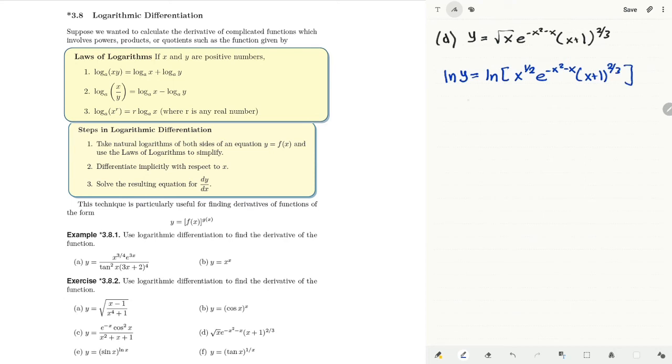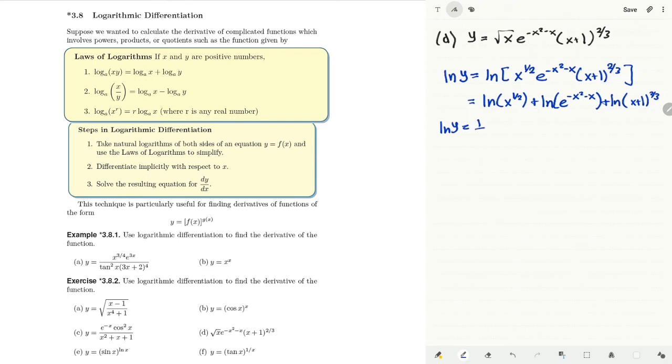So now let's simplify by writing this as the ln of x to the 1/2 plus the ln of e to the negative x squared minus x plus the ln of x plus 1 to the 2/3. And so now let's multiply the exponents in front of the logarithm.